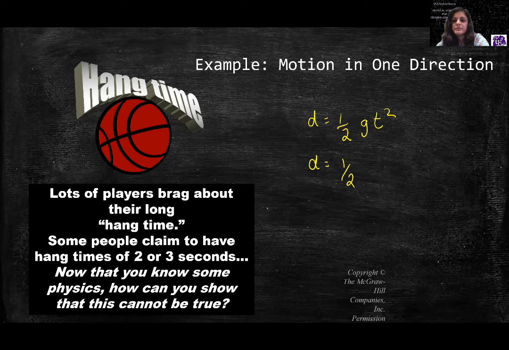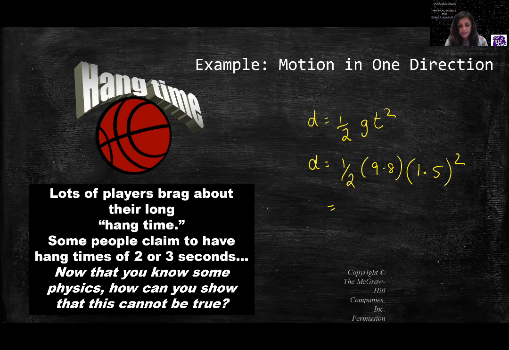So it's 1/2 times 9.8. And if it's a hang time of 3, then 3 divided by 2 is 1.5, because it's halfway, the trip to reach its highest point. So 1/2 times 9.8 times 1.5. And I'm going to plug that into my calculator here.